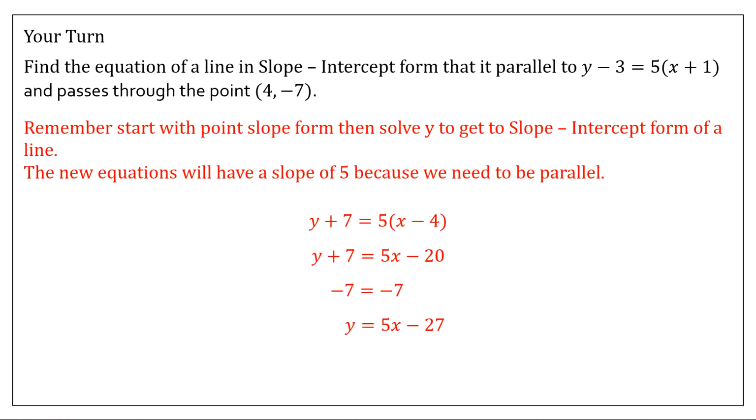We're solving for y, so we distribute the 5 through: y plus 7 equals 5x minus 20. We subtract 7 from both sides. You'll end up with y equals 5x minus 27, which is going to be parallel to that original equation. Does that make sense?